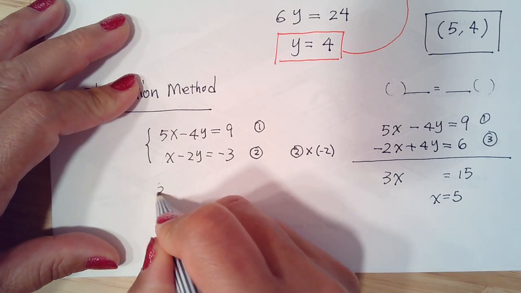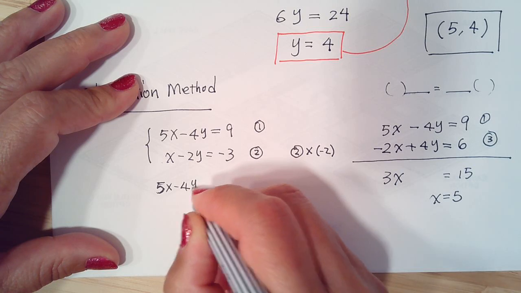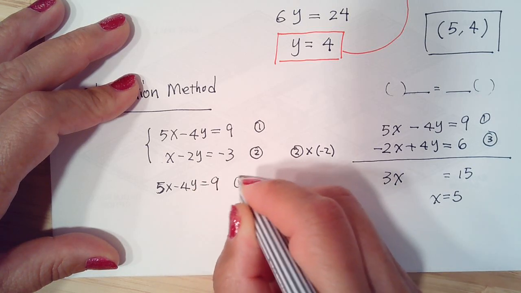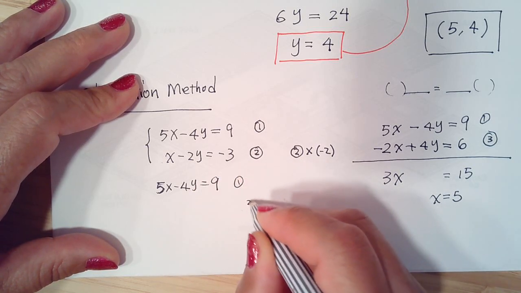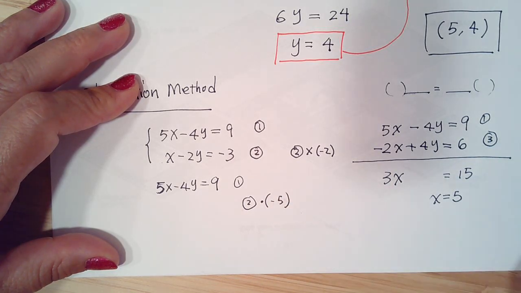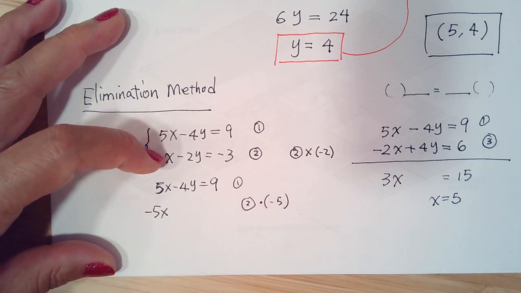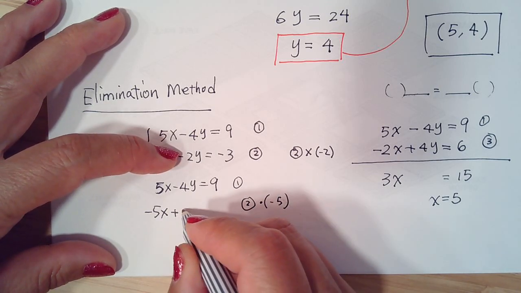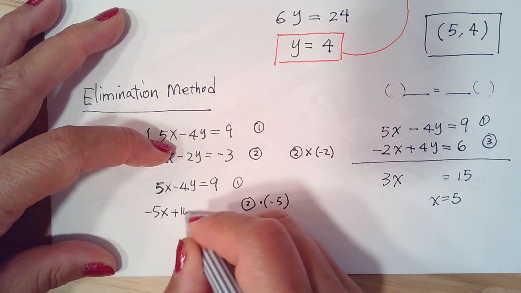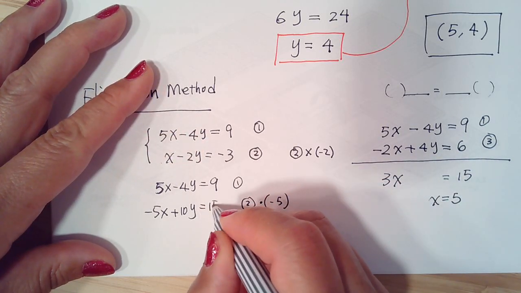So the first equation is 5x minus 4y equals 9. Then I use the second equation multiplied by negative 5. Then I have negative 5x, negative 5 times negative 2y is positive 10y, and negative 3 times negative 5 is 15.